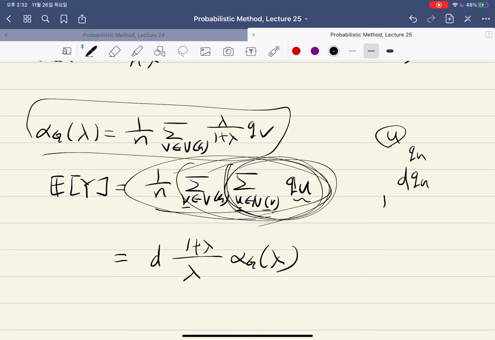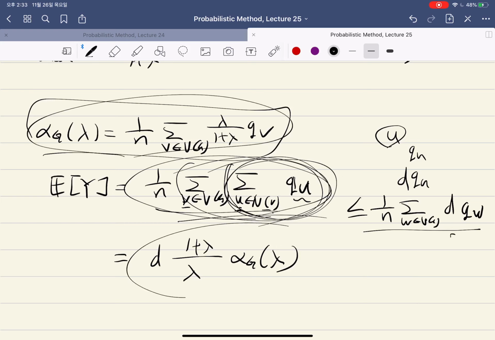So this is nothing but 1 over n, sum over W in V(G), of D times qW. This is the upper bound of this. And you apply this to here, then you get this, which is an upper bound.